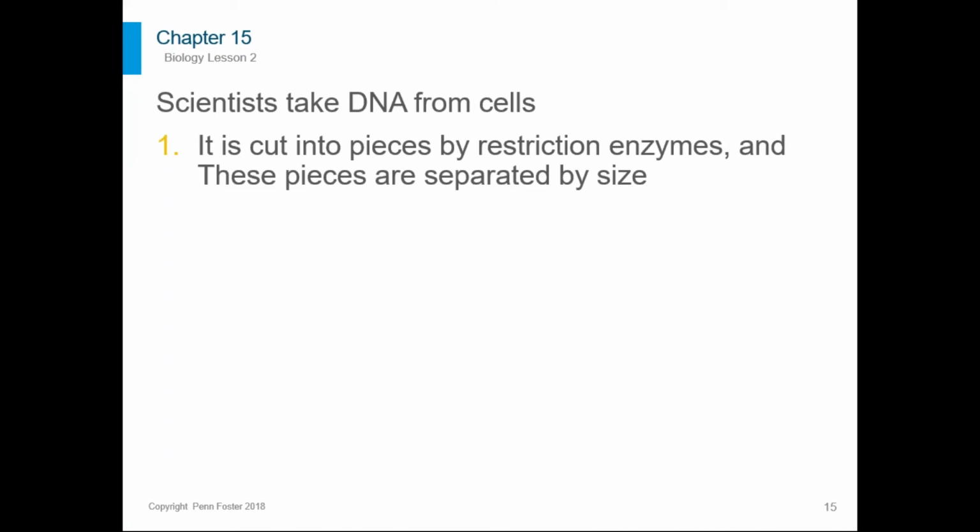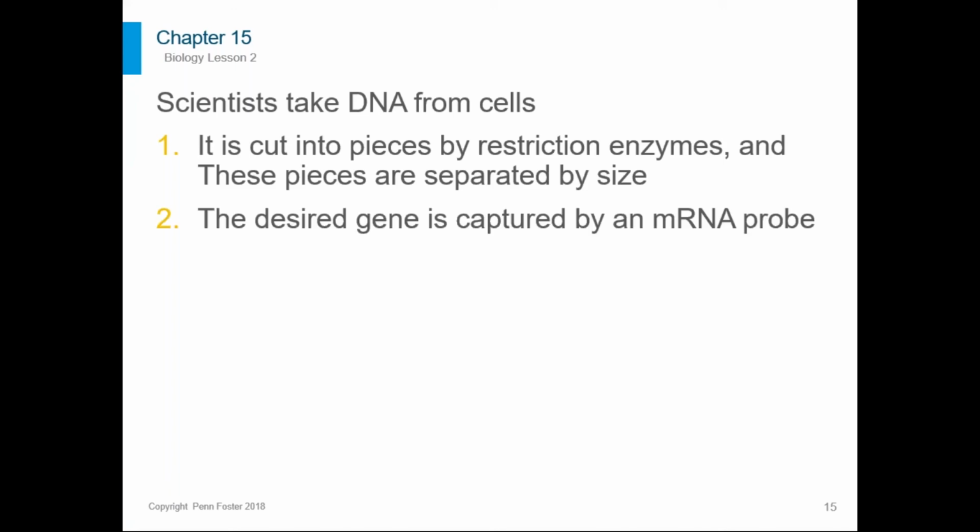Then they use gel electrophoresis to separate those pieces by size so that you've got all those pieces separated. And then we find the one we're looking for. They do that by using what's called an mRNA probe. If you think back a few chapters, mRNA, messenger RNA, is RNA that matches up perfectly with DNA.